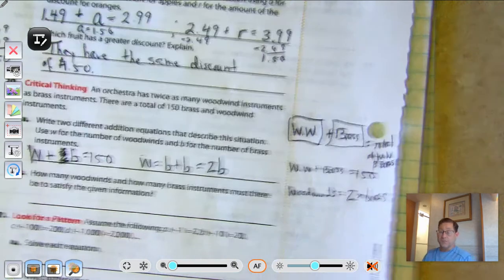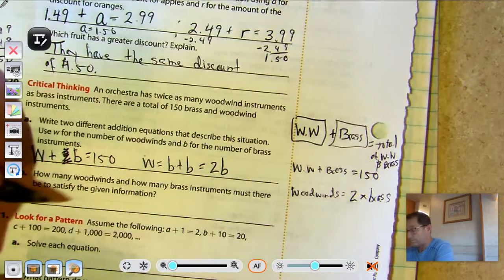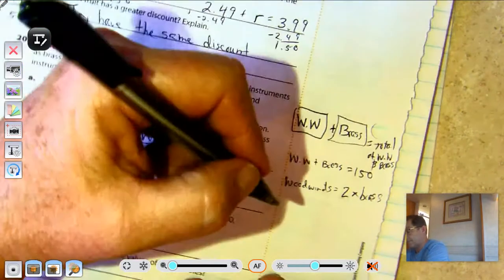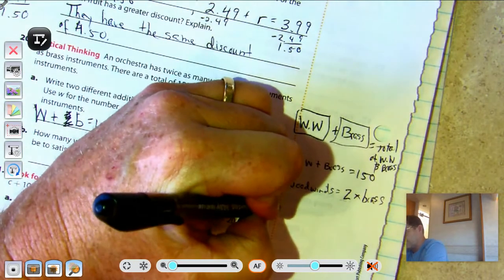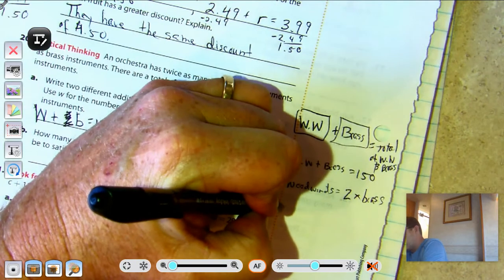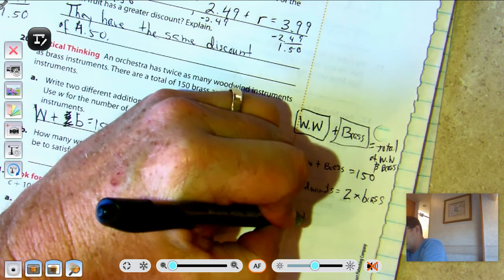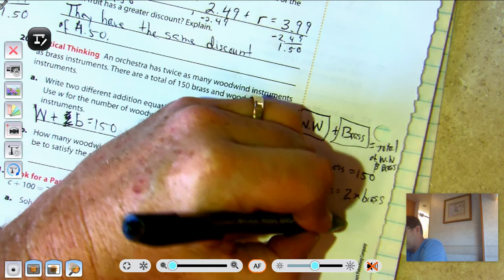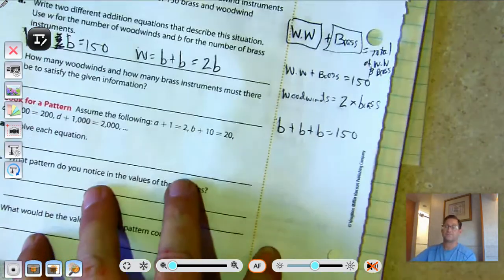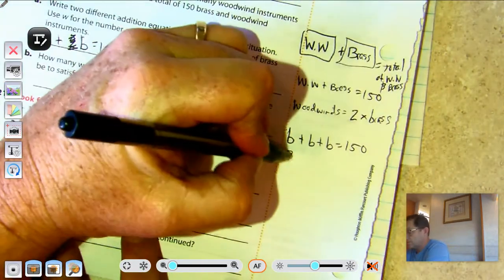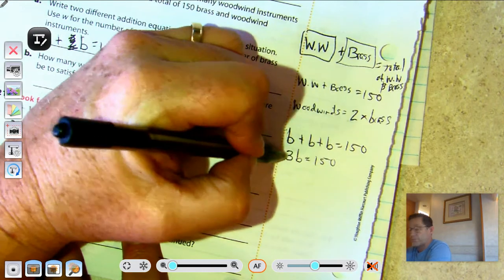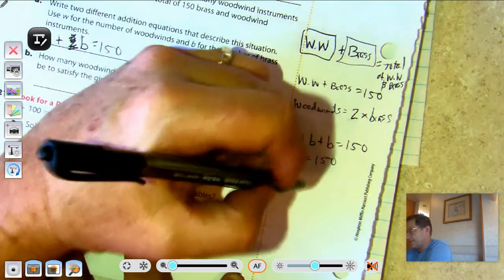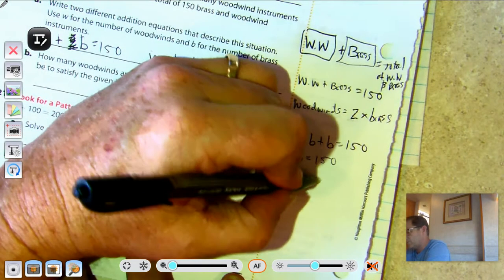Okay, so how many woodwinds and brass instruments must there be? Well, let's think about this. If we do B plus B plus B, that has to be 150. 3 times what equals 150?